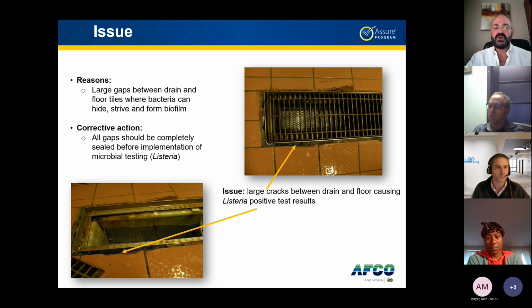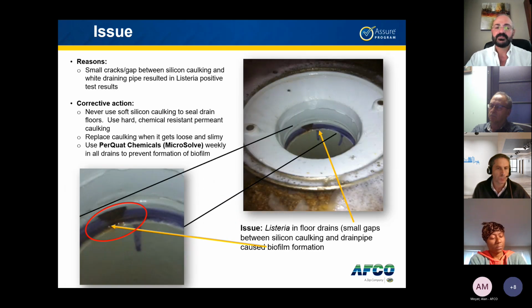This will create problems with listeria and with biofilm. All of this has to be caulked, and after that you apply the detergents that you need to apply, the sanitizer you need to use to kill the bacteria. Because no matter what you do, if you have those cracks, no matter what you apply and how much you clean, you'll always have positive results with pathogens, with microbial testing.